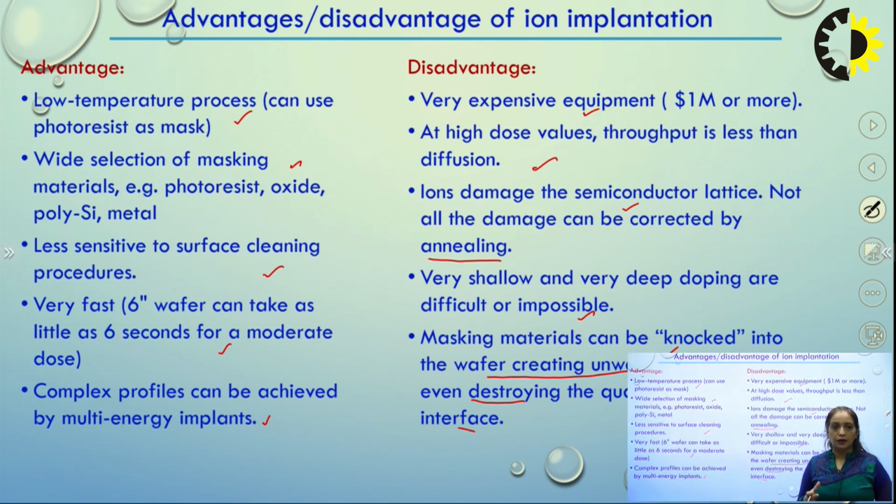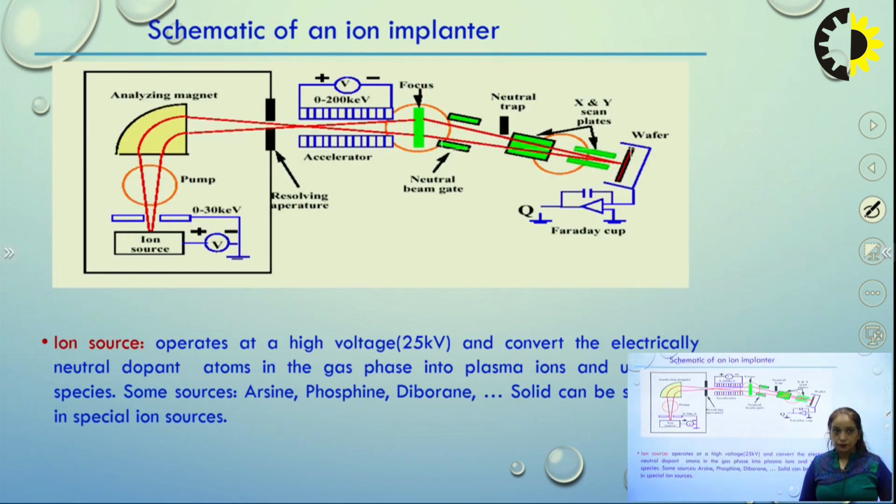Very highly accelerated ions are targeted towards the surface so that they can enter inside it. So material will be damaged, and sometimes masking material can also be mixed with the ions and diffused inside the surface. This is the basic ion implanter which is used for the ion implantation process.